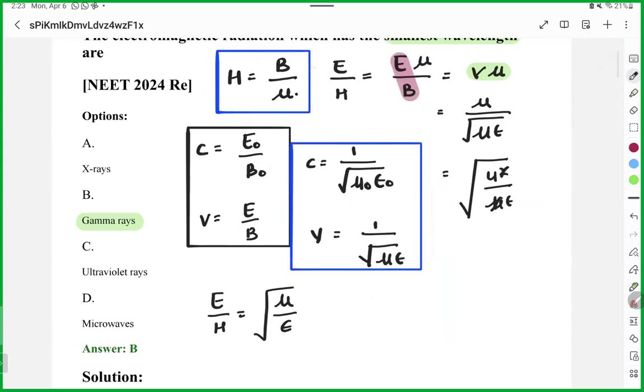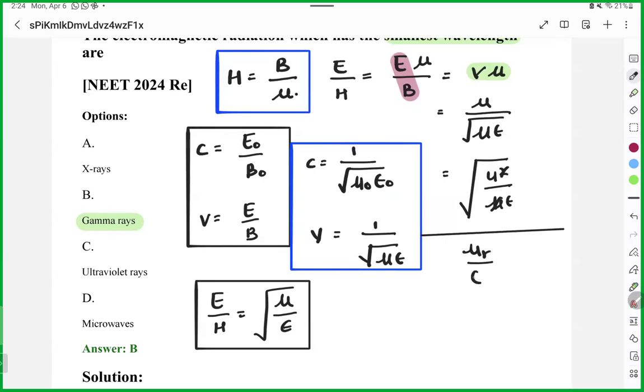No, sir. But they did not provide us nu and epsilon. They provided in the question what is given: nu r by epsilon r is equal to 1 by 4. This is given. Got it? Yes, sir.